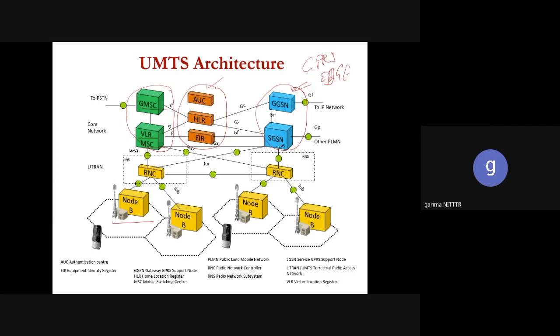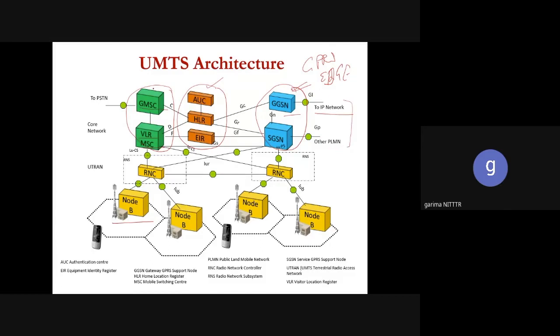One is the serving GPRS support node, the second is the gateway GPRS support node. These two blocks are responsible for providing data network to the users who were on 2G networks. So this is basically the requirement of data from the 2G point of view.